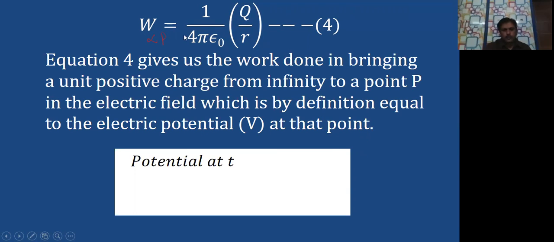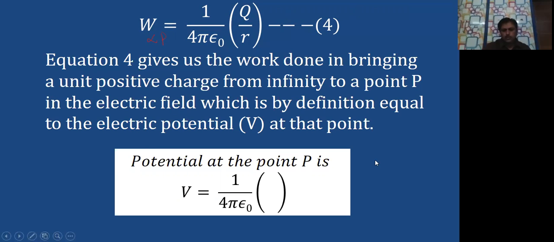So that means this work done itself is equal to the potential. Therefore, potential at the point P is V is equal to 1 by 4 pi epsilon 0 Q by R.